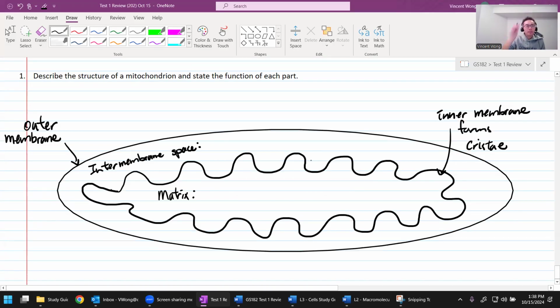Anyone at all? There are 2 parts of the cellular respiration that happen in the matrix. Yeah, Fahima, go ahead. Krebs cycle. Good. And pyruvate oxidation. That's right.